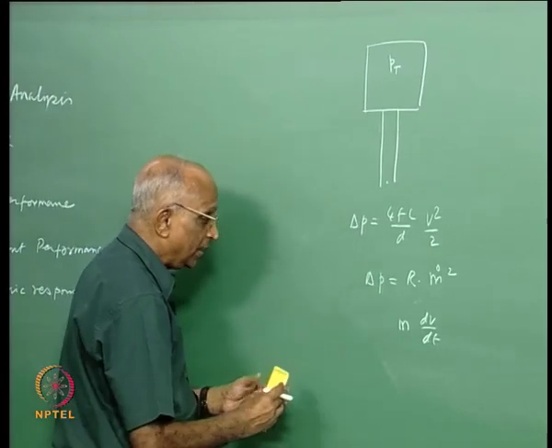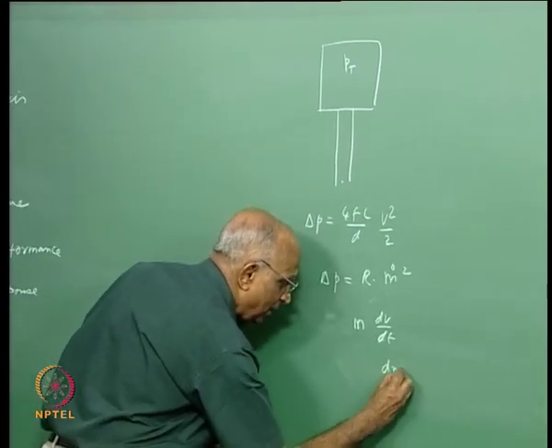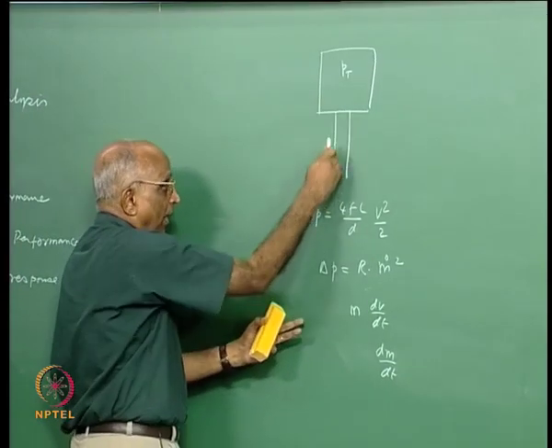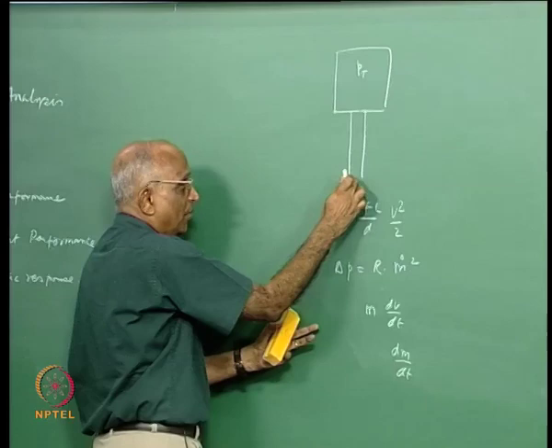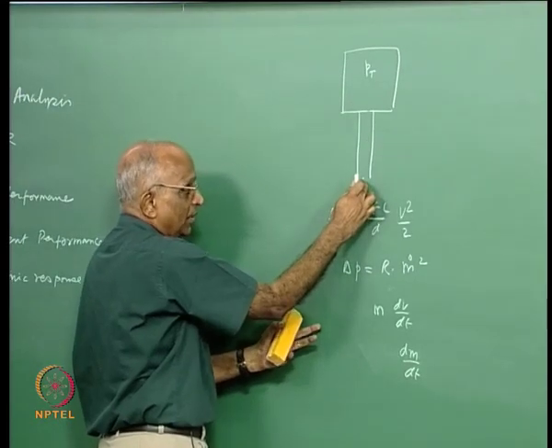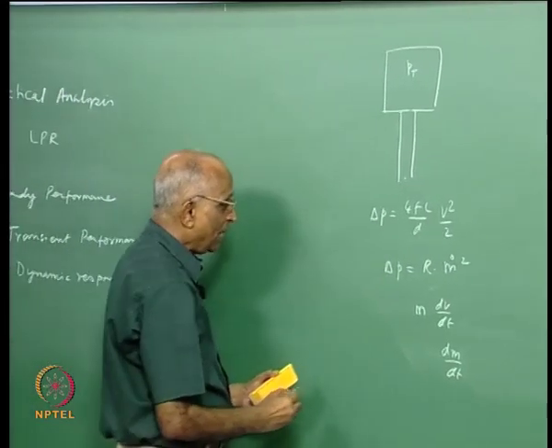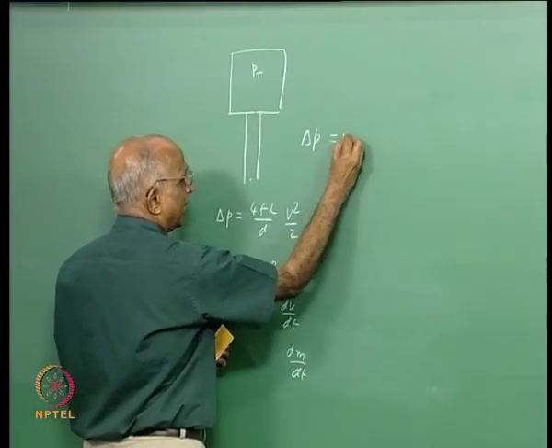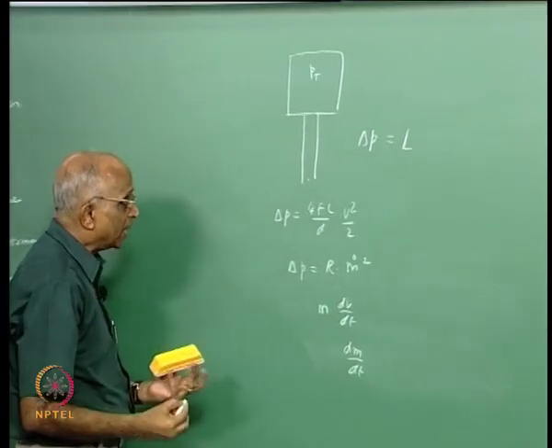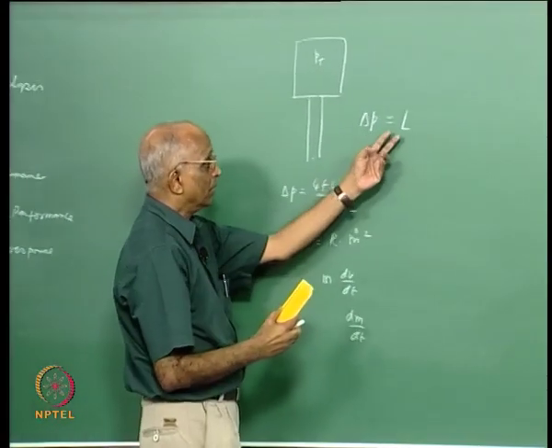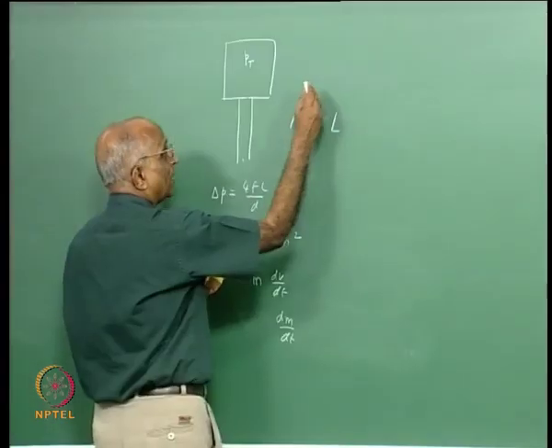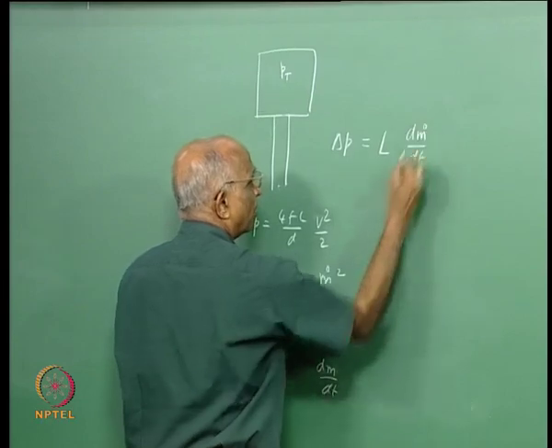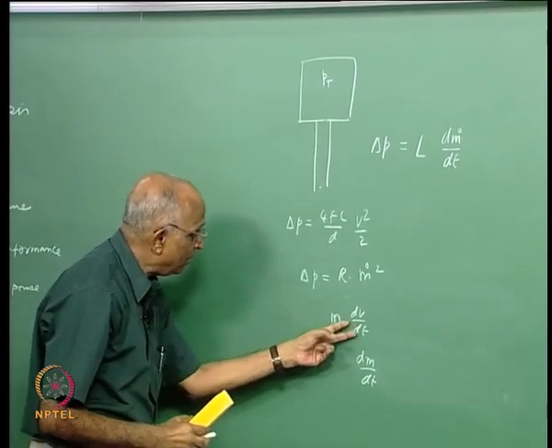Therefore, I am talking in terms of something like dm by dt, and because of this acceleration taking place, I have a pressure drop taking place, I have a force due to acceleration, which is Newton's second law, and therefore, I can write the delta P due to acceleration as something like an inductance, or let us say some value of inductance, like we have current changing, into dm dot by dt over here, because I have dV by dt.